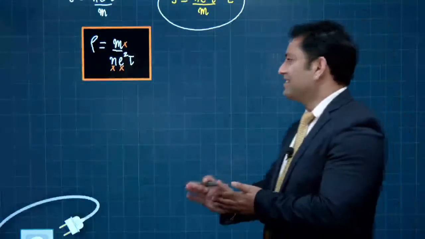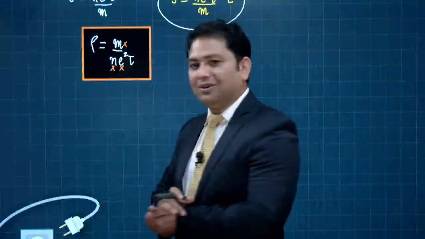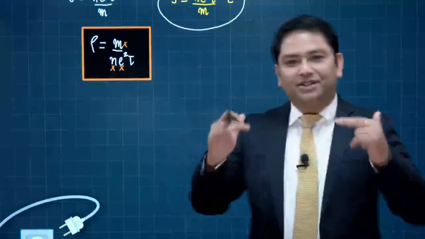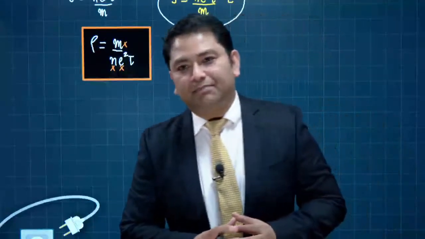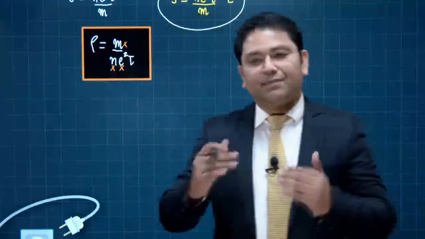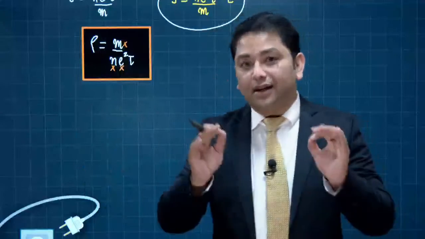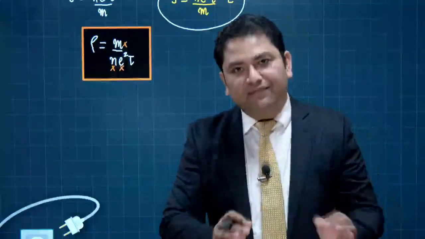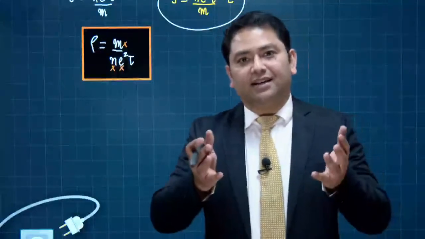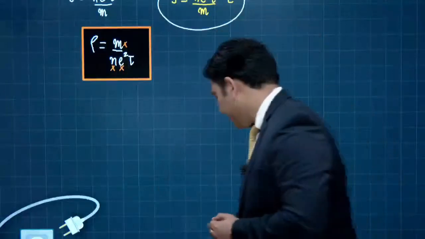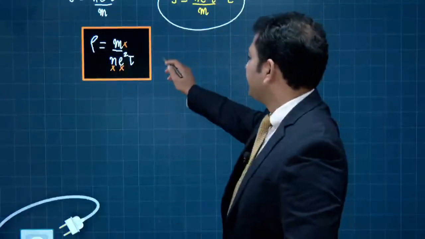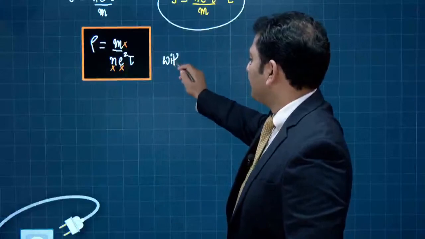Okay, so m by ne squared tau. With increase in temperature, tau will decrease. Speed अगर faster हो, the relaxation time will decrease. इसका मतलब resistivity बढ़ जाती है. So got to remember one thing, let's write it in a symbolic form, all right?